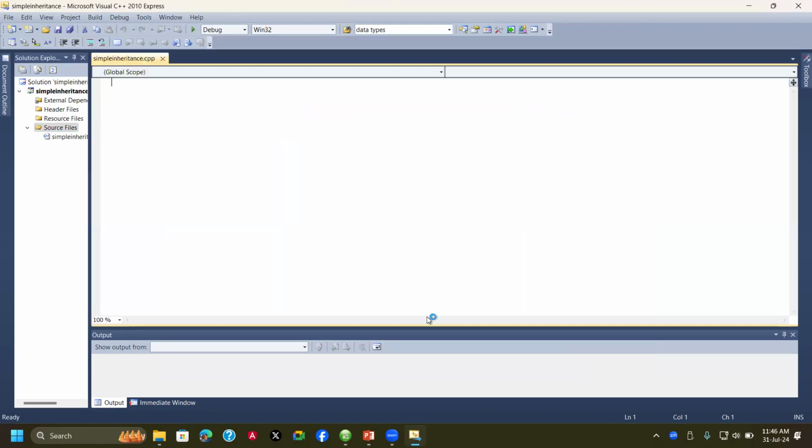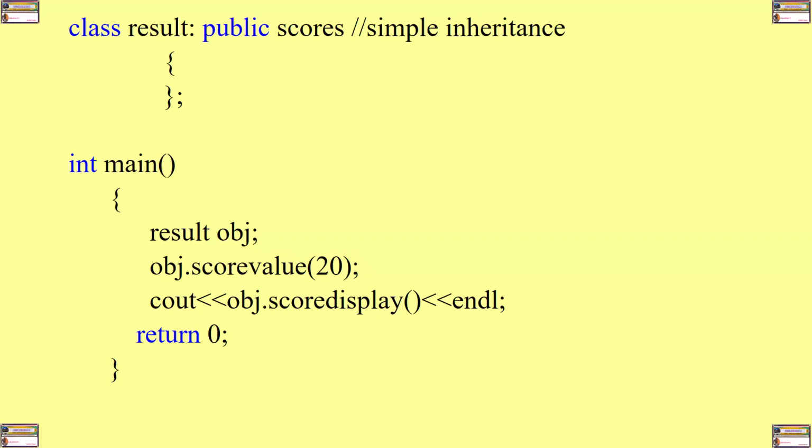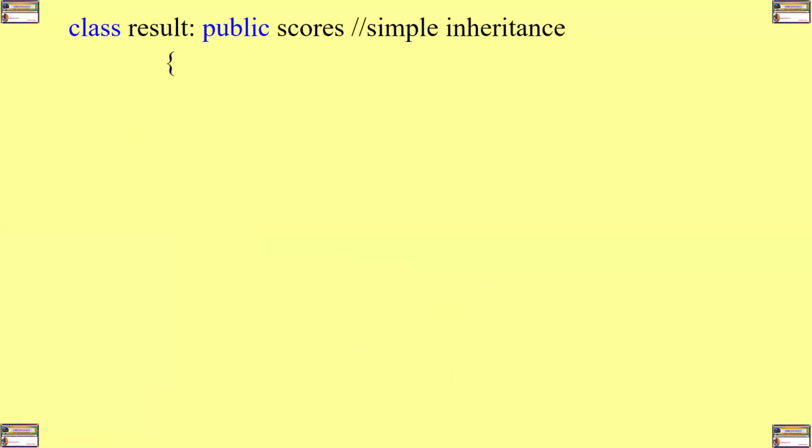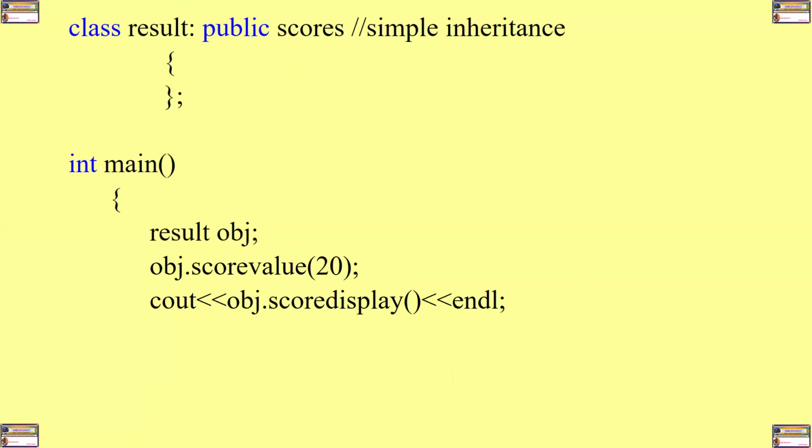From there, I'm going to copy my program and paste it here. So the program that we are going to code is this program. You can always copy this program in your exercise book or in your word processor, and then you just copy it and paste it into your C++ editor.